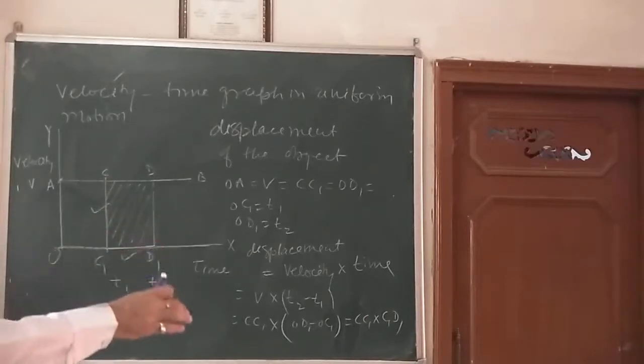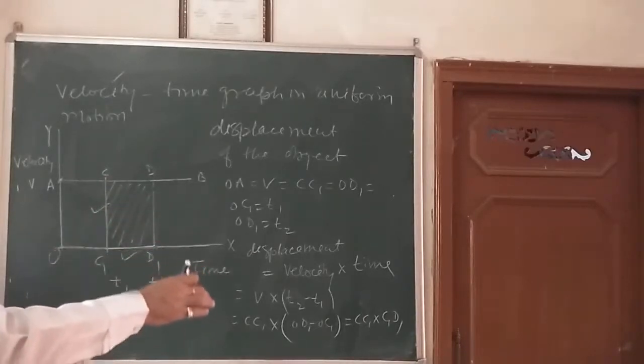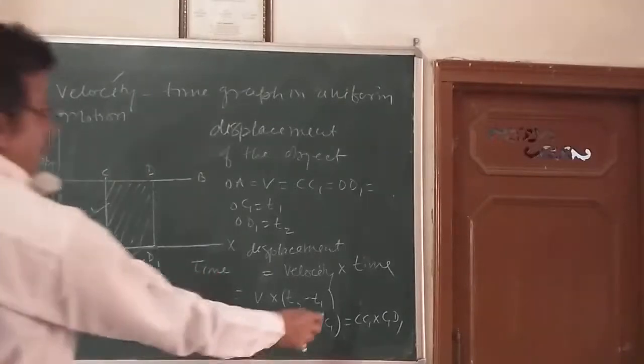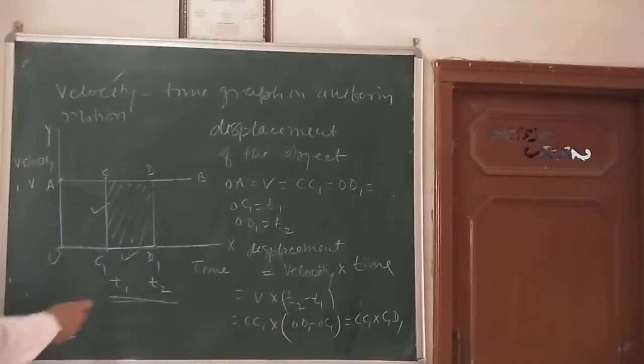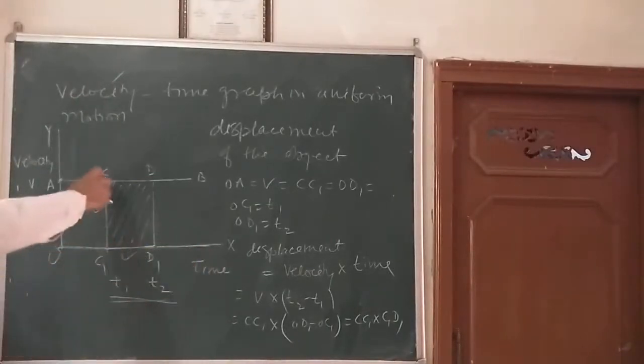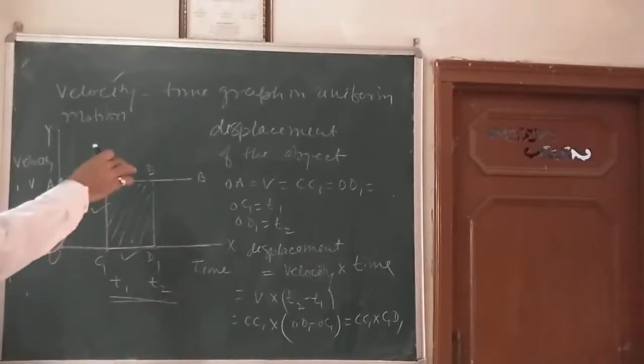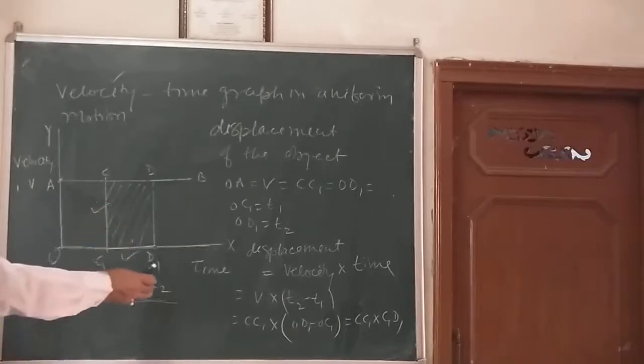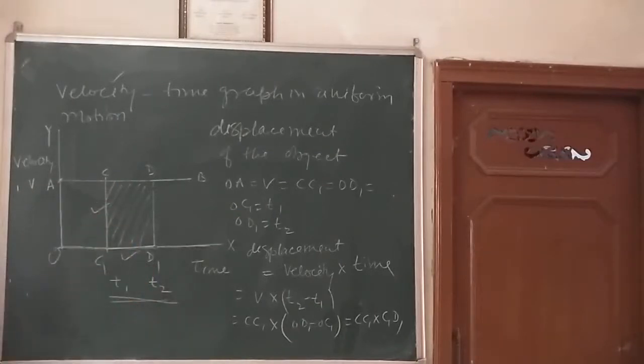So what we are getting here means that the displacement of an object in this time interval T2 minus T1 is numerically equal to the area under the velocity time graph. Area under the velocity time graph between the instants of time T1 and T2 gives us the displacement.